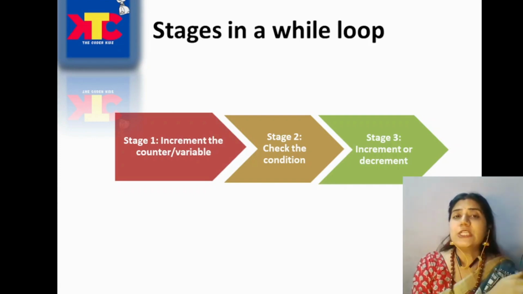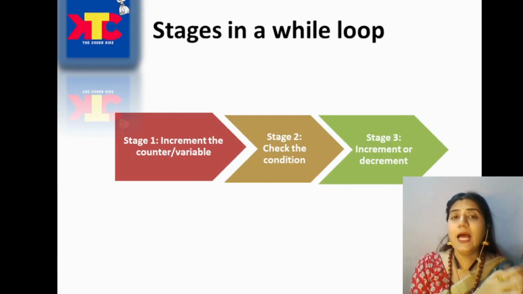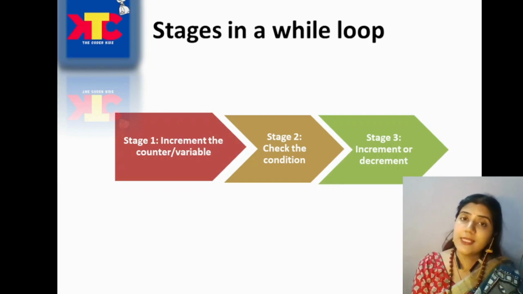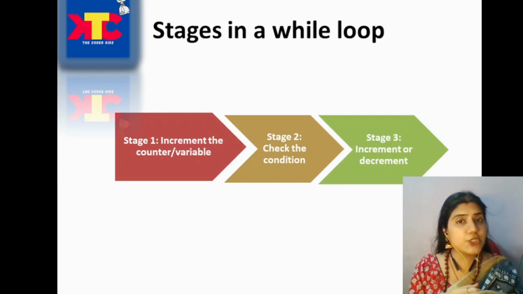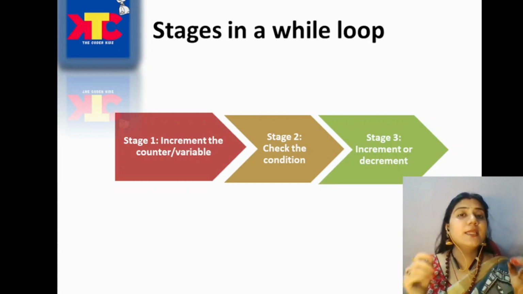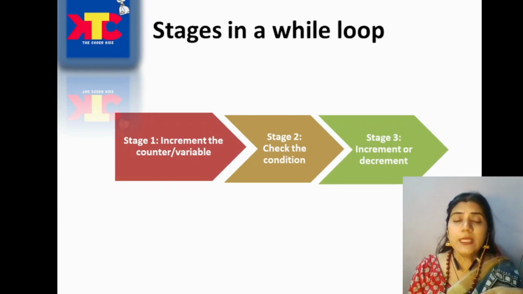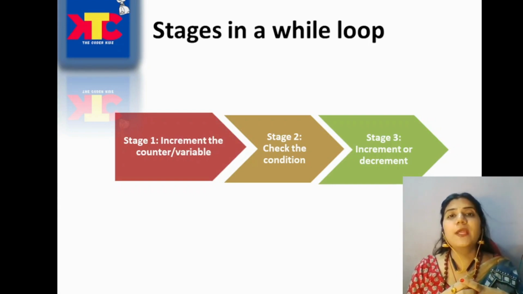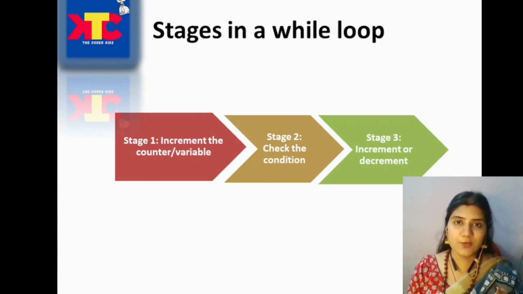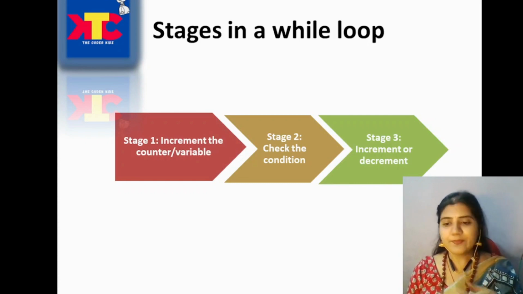You need to initialize it in the beginning, and then when you write the while keyword, you perform the condition check, followed by the increment or decrement inside the while loop. If you are not performing any increment or decrement inside your while loop, in certain cases it might turn out to be an infinite one. We are going to check out these cases while doing the program.